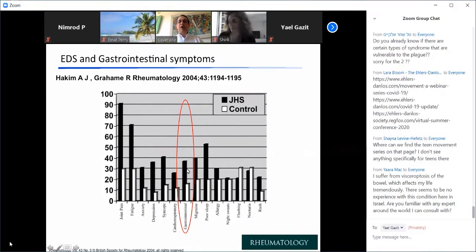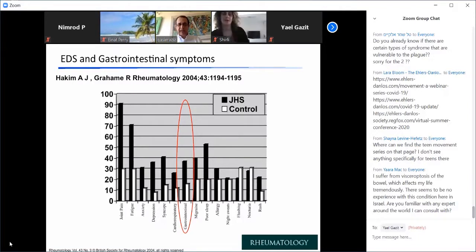much more in the way of tummy symptoms, gastrointestinal symptoms, compared to healthy controls, which are shown in these white bars, and these black bars show the percentage of people experiencing symptoms in those with joint hypermobility syndrome. And this has been borne out by many papers since then.